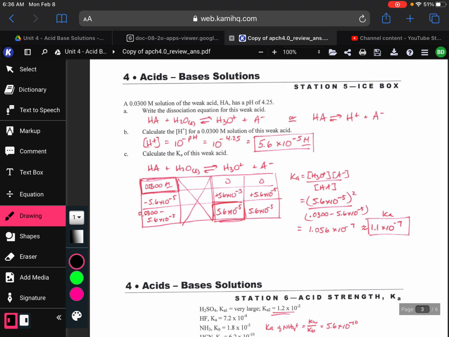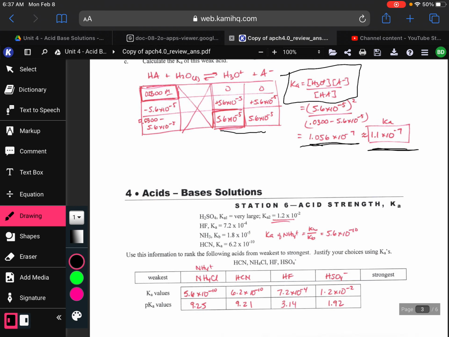And so then on C, when they're filling in the ice table, they started with 0.0300, and then at equilibrium, your X value is 5.6 times 10 to the negative 5th, and then they just filled in all of those values up here, and then solved for the Ka value, which was 1.1 times 10 to the negative 7th. They did 2 sig figs because the pH has 2 sig figs there.